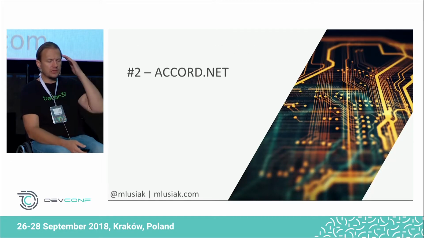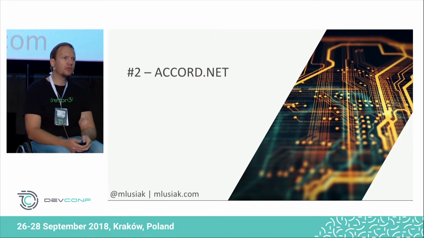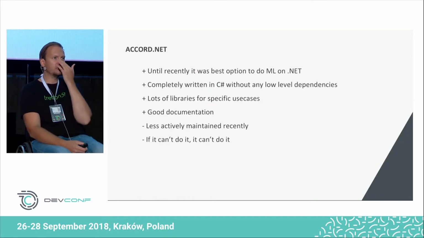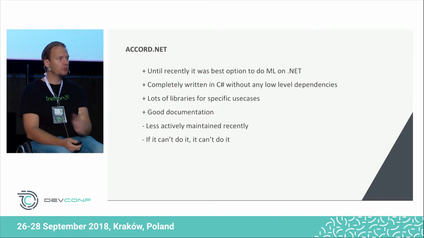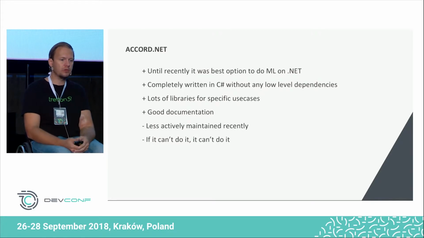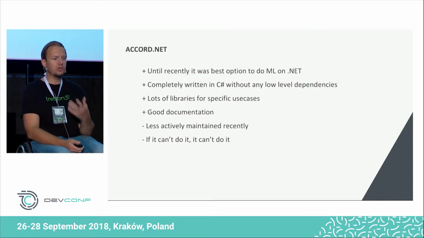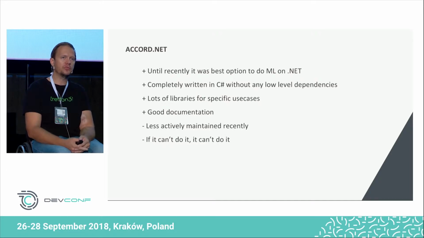All right, let's go to a bit more mature solution. Accord.NET is very mature. Its first release was in 2010, but until recently it was the only way to do machine learning on .NET. It was completely written in C#, and didn't have any underlying C or other low-level dependencies. It has lots of libraries for very specific usages, and I'm going to list them in a moment.